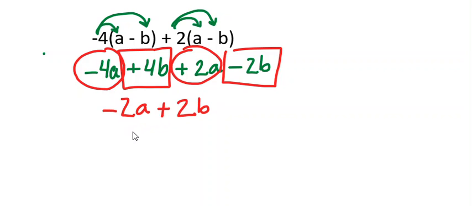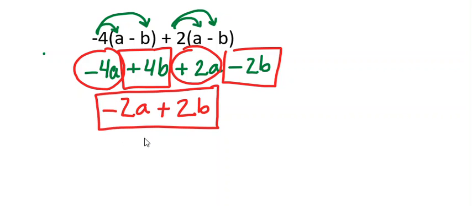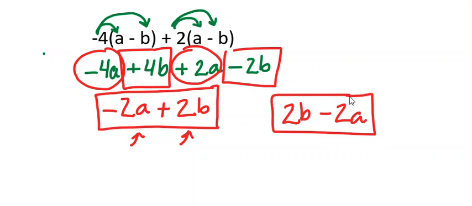Now, this isn't really on topic for us, but notice this is kind of an awkward presentation here. Negative 2a plus 2b. This follows one of our informal rules for standard form, which is we like to have our variables, if at all possible, in alphabetical order. A first, B second. But I have another rule that I like to apply that I think is just as useful, and that is if there's a negative number and a positive number, put the positive number first so that the negative number acts as a minus sign, and it doesn't tend to get dropped off at the beginning.